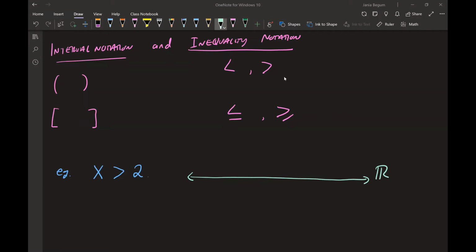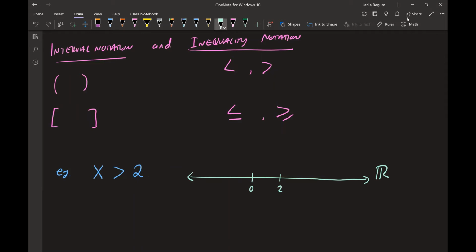So I was trying to draw this set where x is everything greater than 2 on the real line. So 2, where's 2? Well, let's suppose 0 is here and 2 is here. Now, if you look at this inequality, it's greater than, right? It's not greater than or equal to. So that means that this endpoint is open.